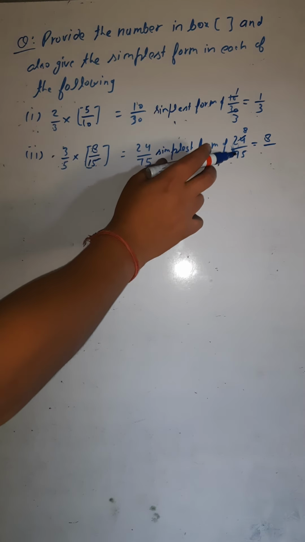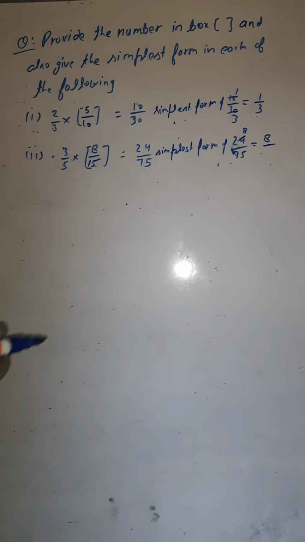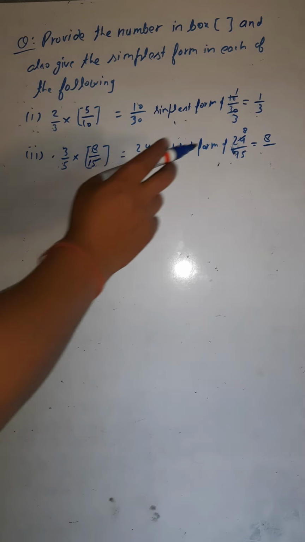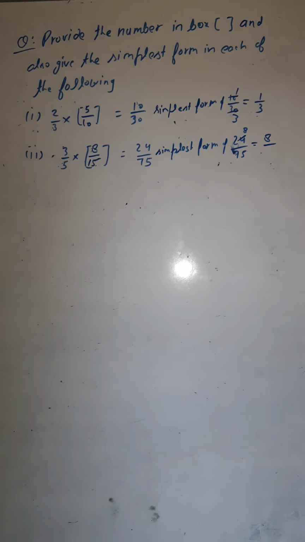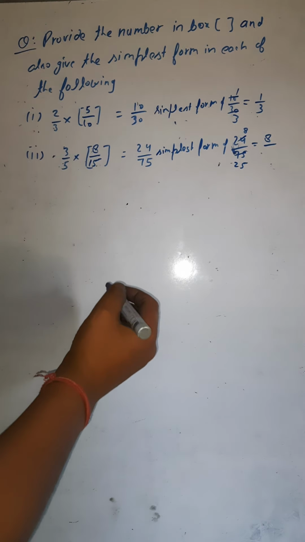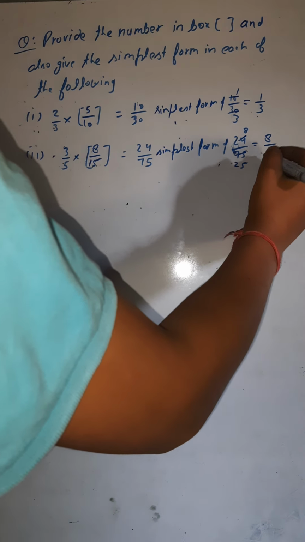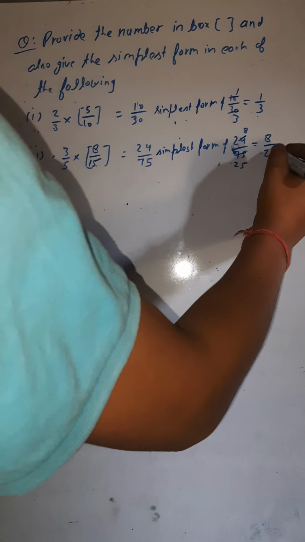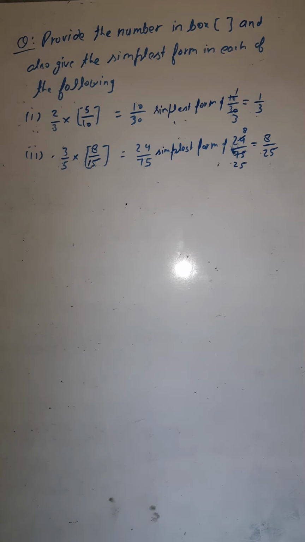If you are dividing 24 by 3, how much would come? 8. If you are dividing this 75 by 3, how many times would it go? 3 twos are 6, 3 fives are 15, 25 times it would go. So the answer would be 8 by 25. So by simplifying 24 by 75, you would get 8 by 25.